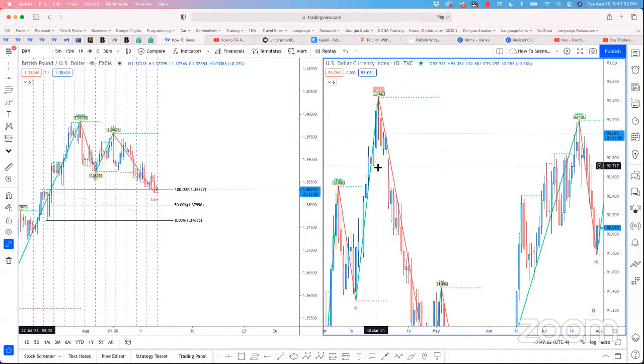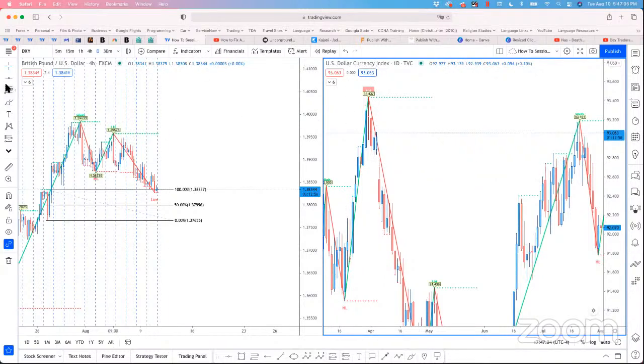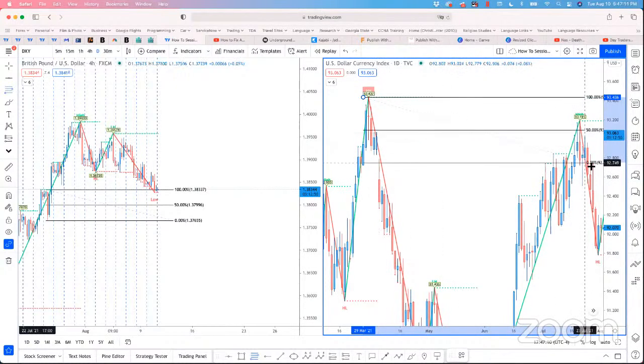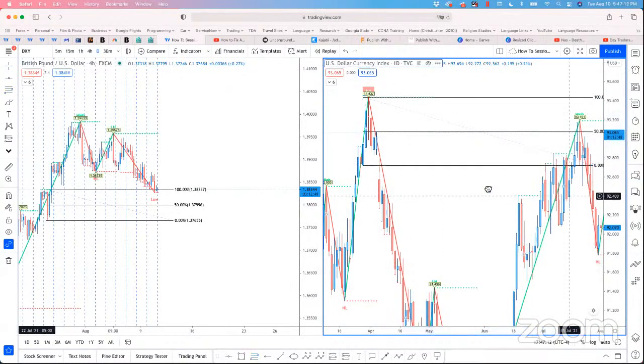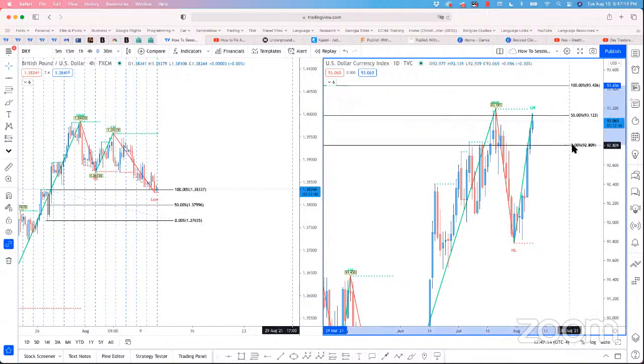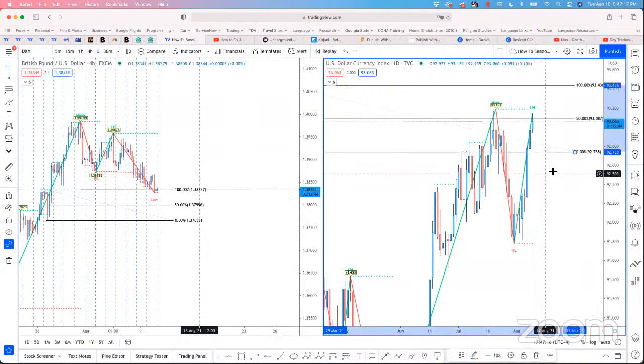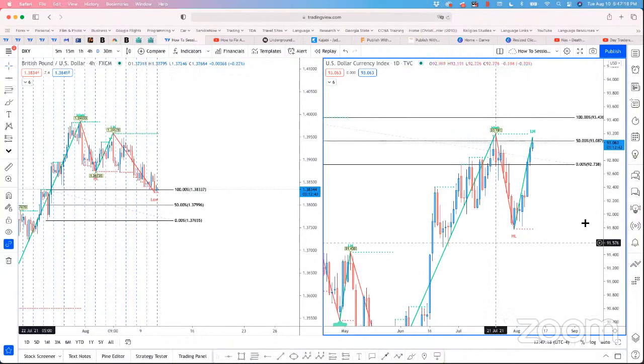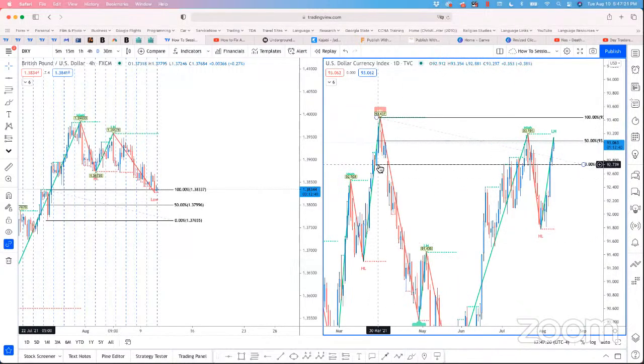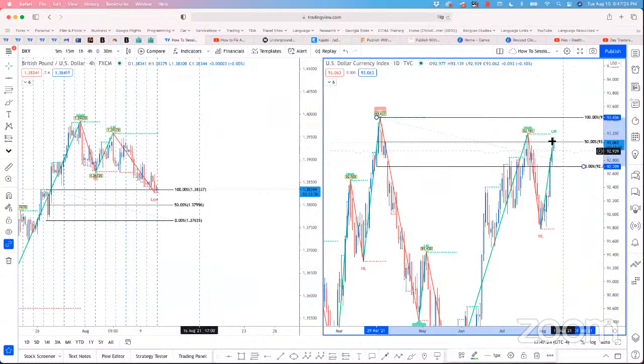This is the order block for the dollar right here. We'll go ahead and add that weekend. We're just chilling inside of it right now, right at the middle.